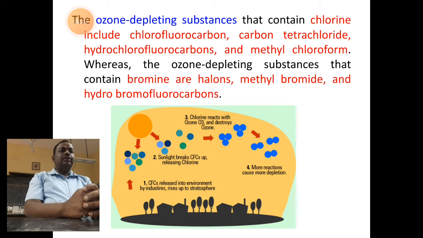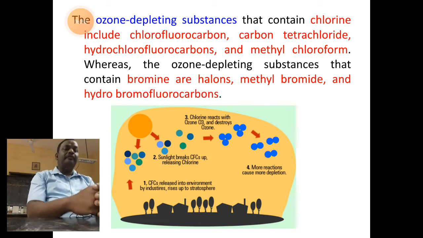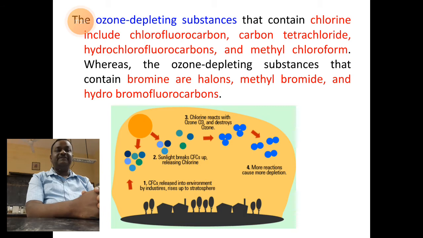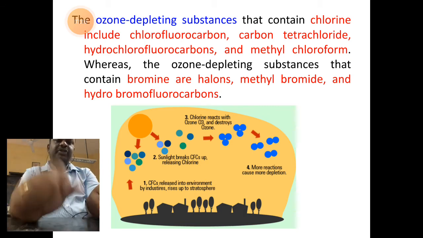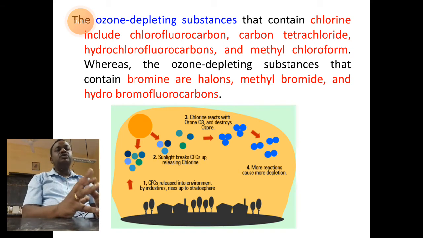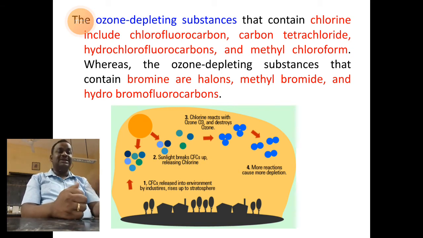It includes chlorine-based compounds like chlorofluorocarbons, or in short CFCs, carbon tetrachloride, and hydrochlorofluorocarbons, or simply HCFCs, then derivatives of methyl chloroform, etc. Then the bromine compounds like halons, methyl bromide, hydrobromofluorocarbons, that is HBFCs, etc. So down is the picture that depicts how this ozone gets broken to form the oxygen molecules ultimately.